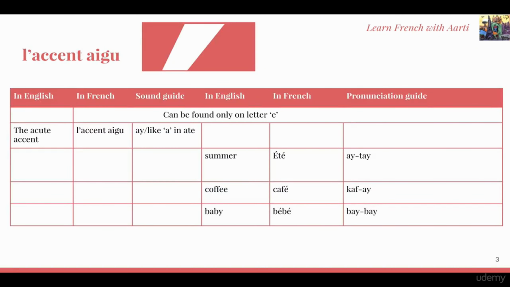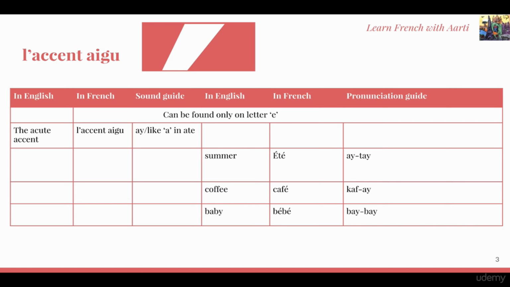The first accent we will look at is called accent aigu, or acute accent in English. This accent can be found only on the letter E. It is a small dash placed on top of the letter E, which starts from the left and goes upwards.